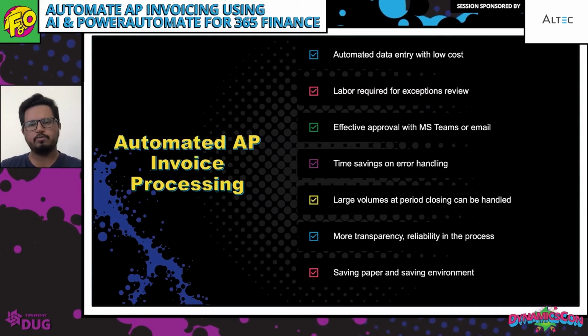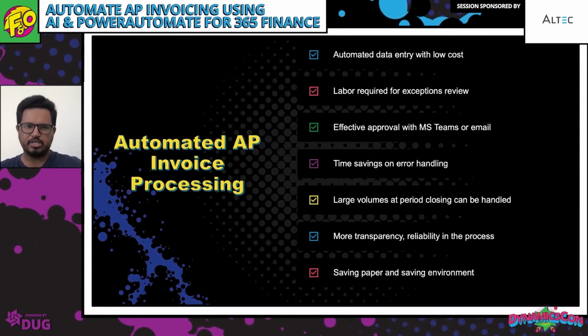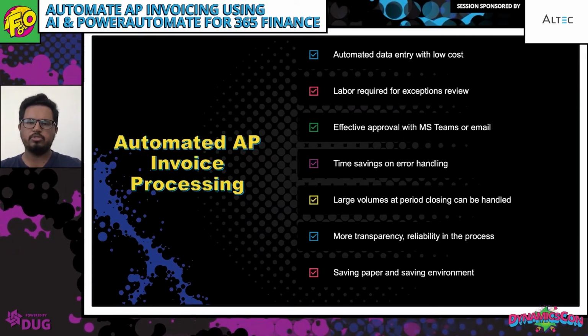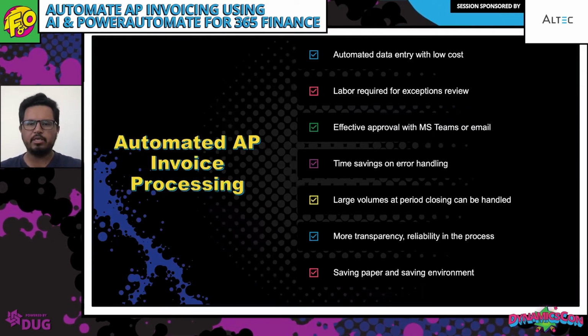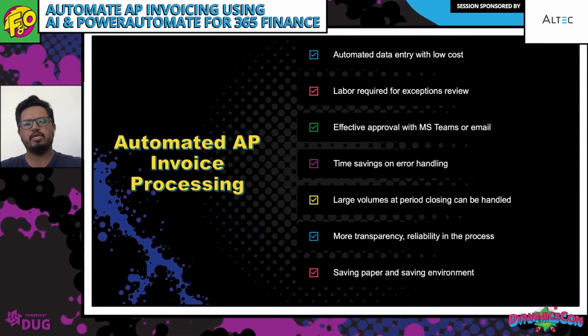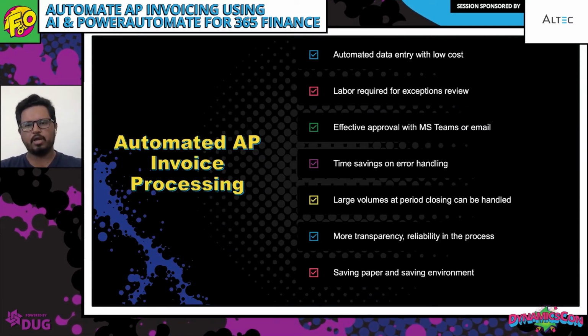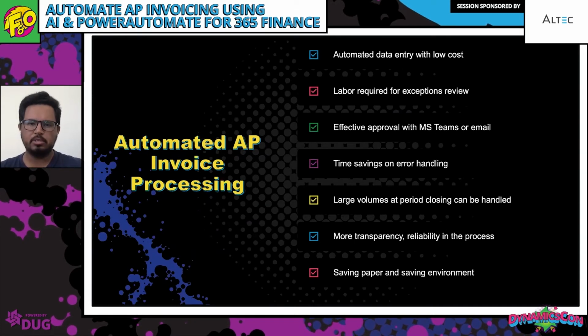When you involve Microsoft Teams, the idea is that you have dedicated channels where you have approvers, and you direct those Teams cards to those approvers. That gives an approver a very interactive way where they can see summary information along with the original scan of the invoice, which basically came from your email, that PDF attachment.